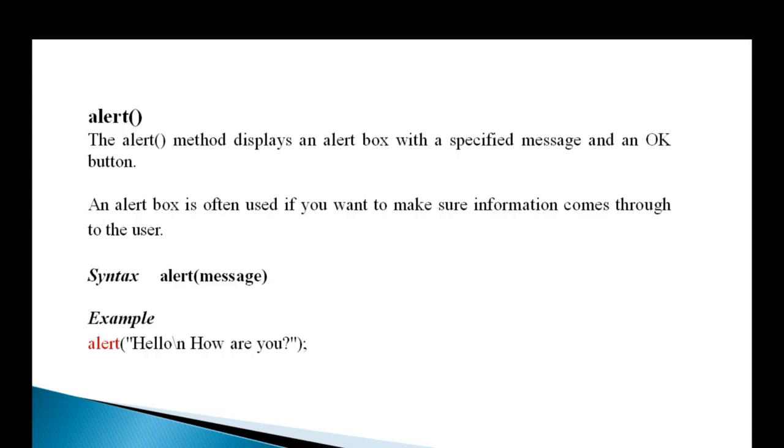In that we will get a message if we do anything wrong, or else "Are you sure to close?" or "Are you going to sign out?" While doing any transactions, we will get these dialog boxes with a message, and we have only one button, OK. The method used here is the alert method.